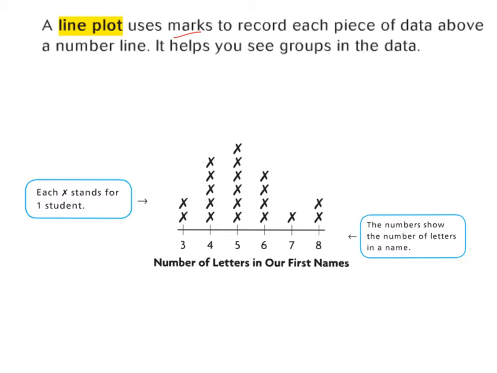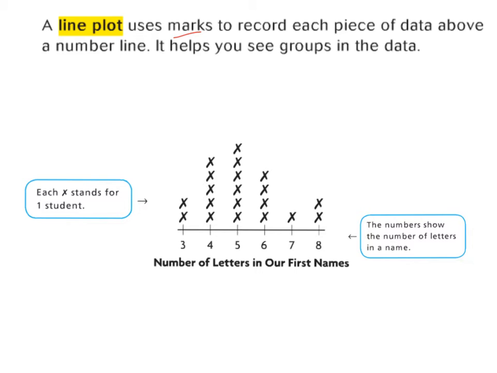Now, notice that students have 3 letters, 4 letters, 5 letters, 6 letters, 7 letters, or 8 letters in their first names. So the number of letters in the students' first names ranges from 3 letters all the way to 8 letters.